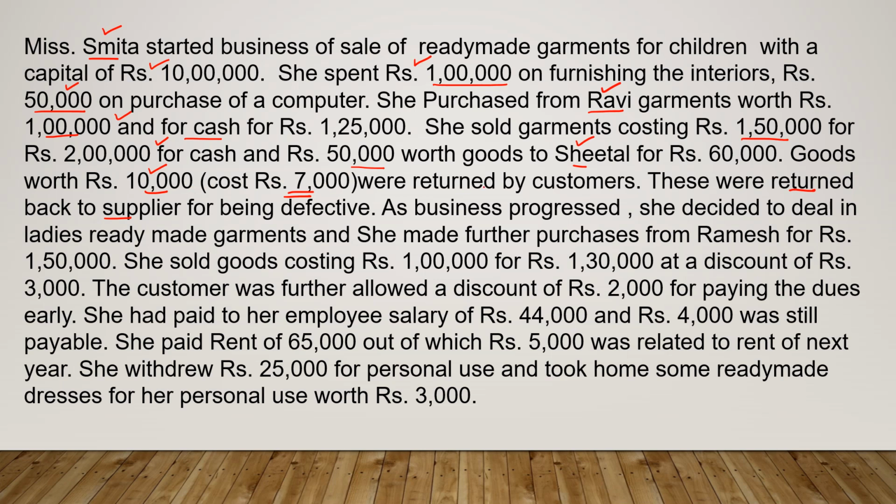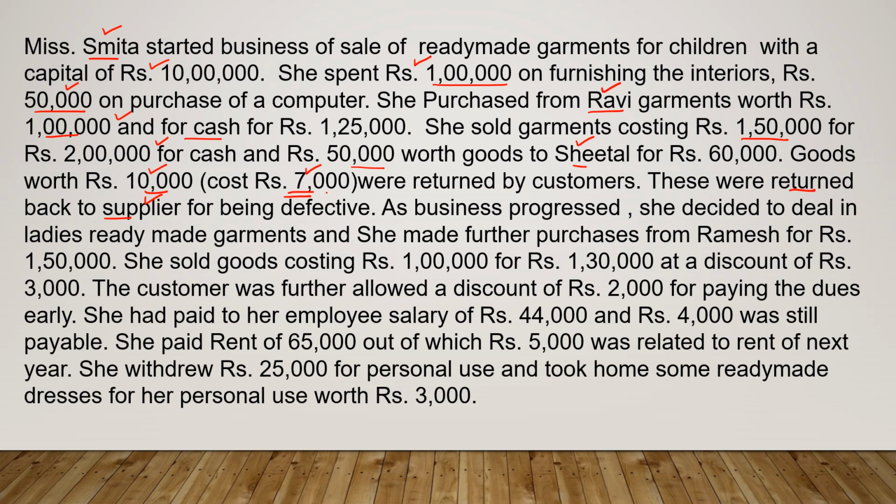And these were going to be returned back to the supplier by Smitha. Whoever sold her those goods, she's going to return back to them. And at that time, you will take the cost at which it was purchased, at that value it is going to be returned. So that was called purchase return. Whatever is purchased and returned for being defective is put into an account called purchase return, which would be subtracted from purchase.